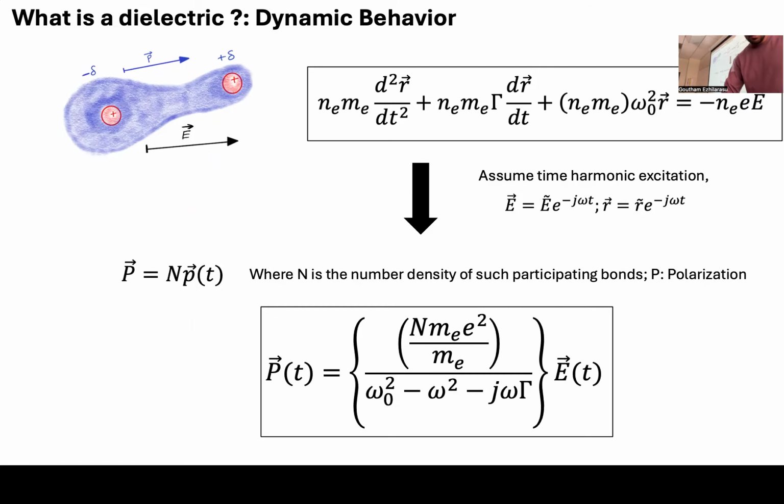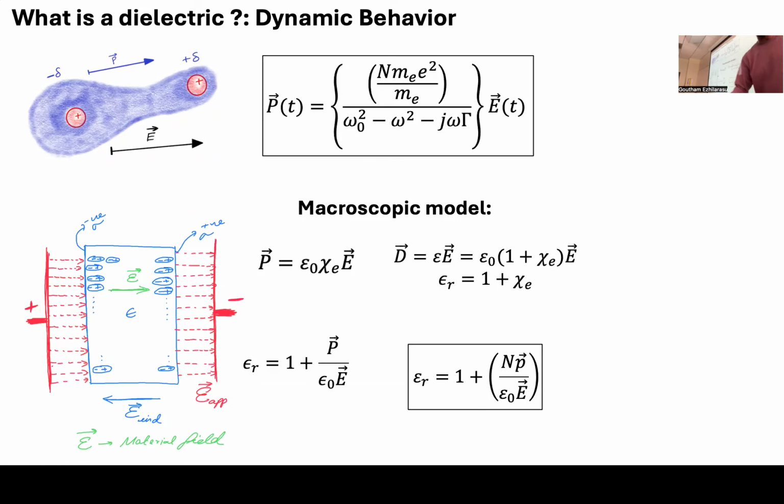So we have the polarization. Now that we have the polarization from a microscopic standpoint, we need to get from this polarization to the dielectric constant, and that can be understood from a macroscopic perspective. Imagine a block of dielectric material. When I apply the external electric field, all the dipoles are oriented, generating their own induced field that opposes the applied field.